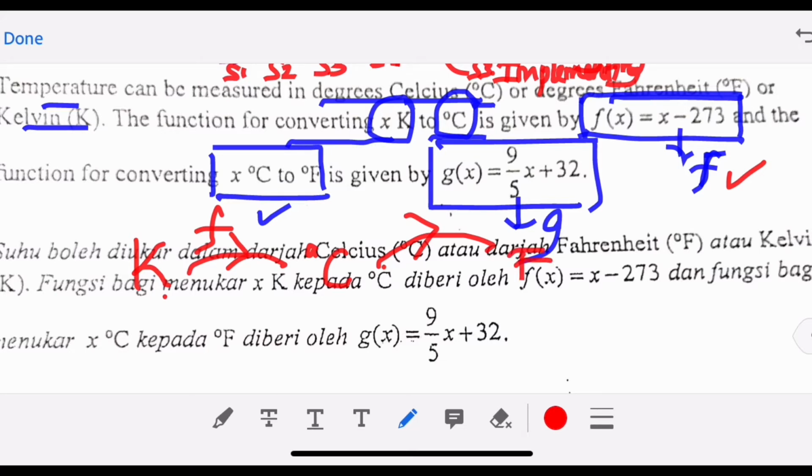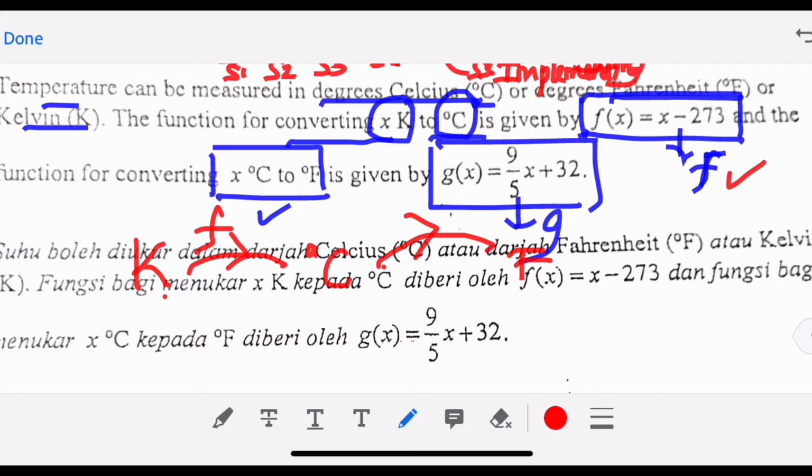So there is a relationship between the formula given. Then from Celsius to Fahrenheit, you are given the function g(x), which is actually 9/5 x + 32.